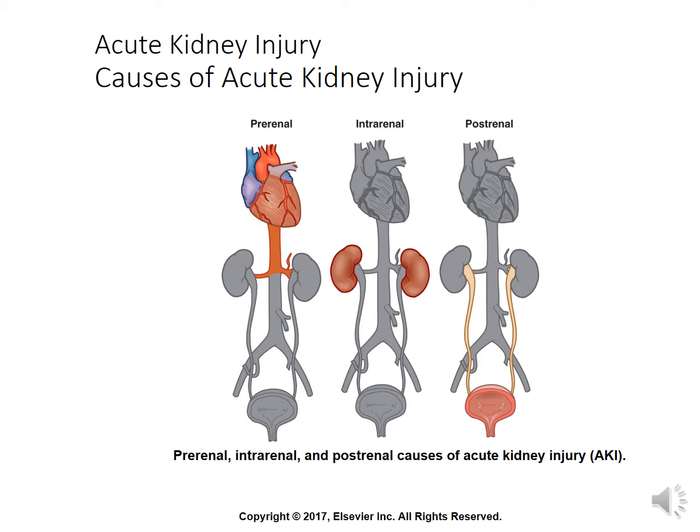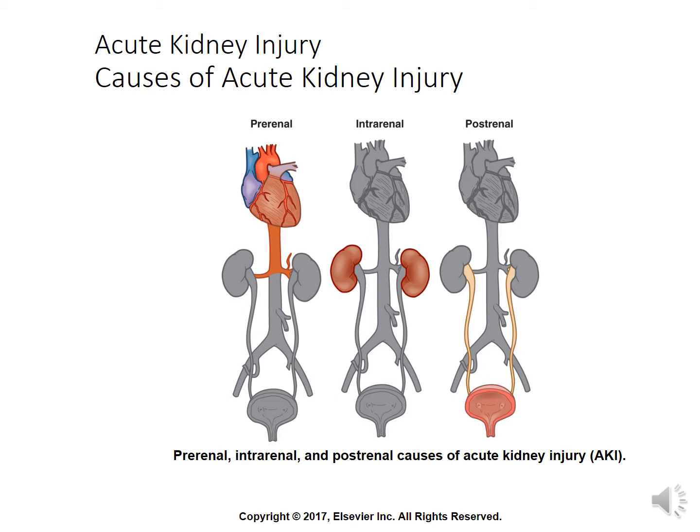Postrenal would be involving the urinary system, so that's important. So involving the urinary system below the kidneys. So that would be the ureters, the bladder, the urethra. So if we had an obstructing stone in the ureter that was causing a backup of urine, that could be a post-renal cause.